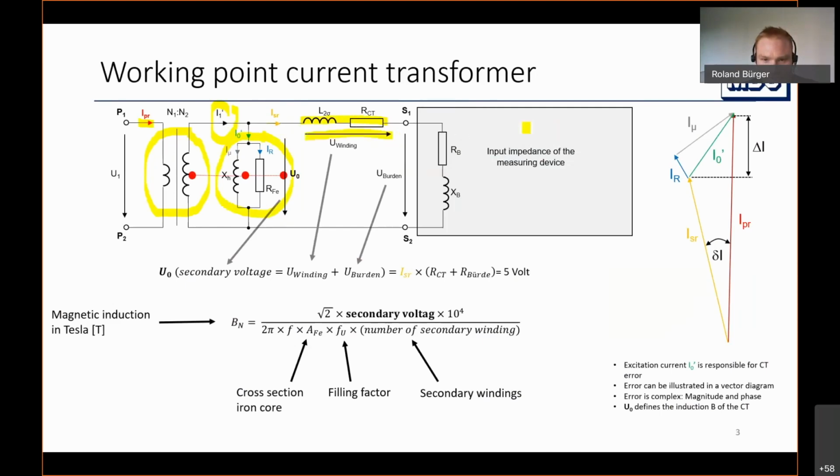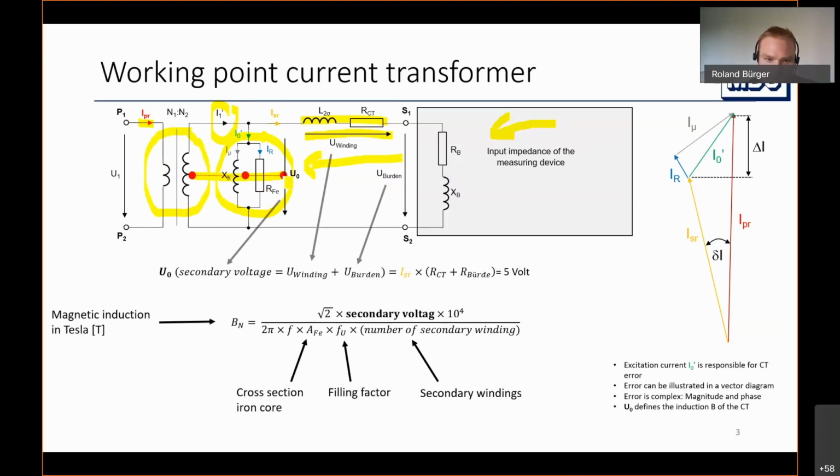And one interesting thing is that the burden of the measurement device is influencing the voltage drop over the core. And the voltage drop over the core defines the magnetic working point of the current transformer. So we have to fulfill Michael's wishes, where we have to measure from 0 to 150, 200% of the rated current.